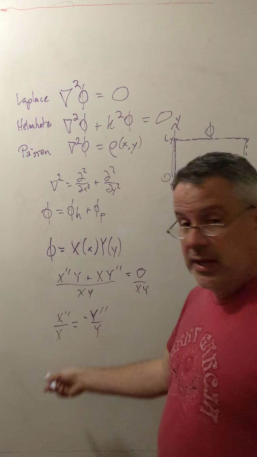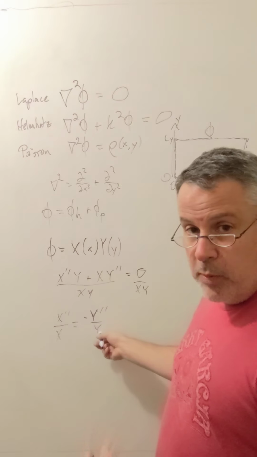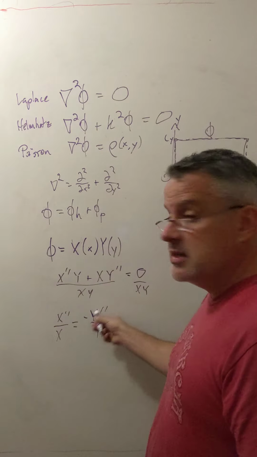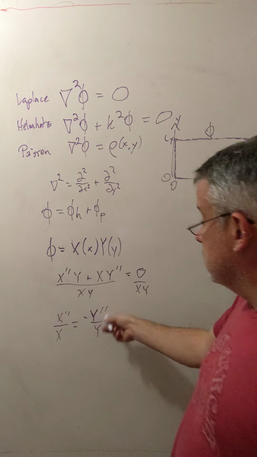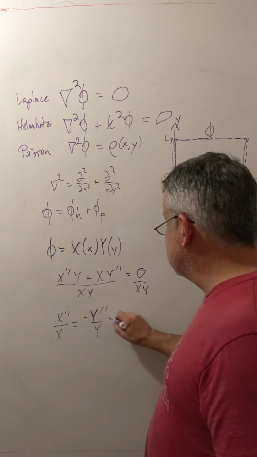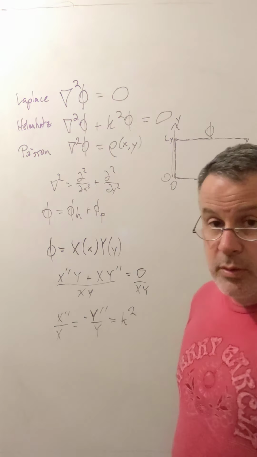This can't actually depend on x because if it did, I could do something with x that I couldn't match by choosing y, because y and x are independent of each other. Similarly, this side can't really depend on y because I could do something that had a function in y that I couldn't match with any particular value of x. So I can set both of these equal to some constant, and let's call it k squared.